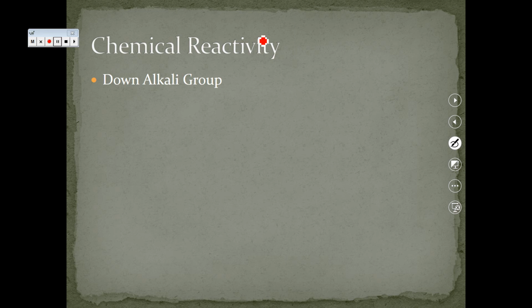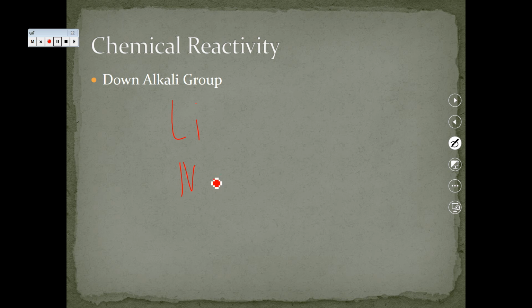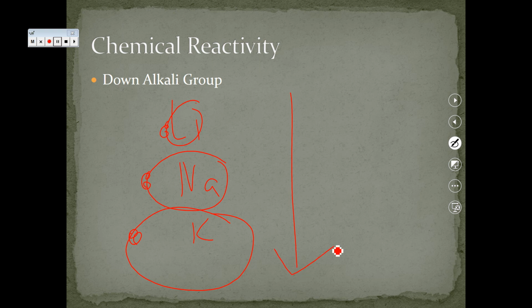Chemical reactivity down a group. So let's say we have lithium, sodium, potassium. The radius is going to get bigger. So this valence electron is going to be further from the nucleus. What do you think happens to the reactivity as you go down a group?